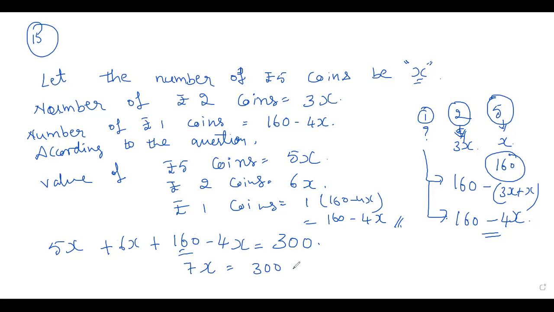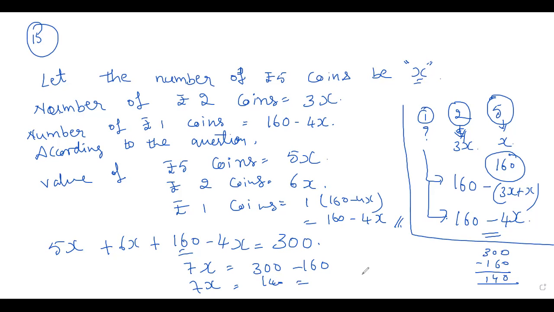I'm going to shift this 160 to the right side. So it will become 300 minus 160, that is 140. So x is equal to 140 by 7, is equal to 20. The value of x is 20.